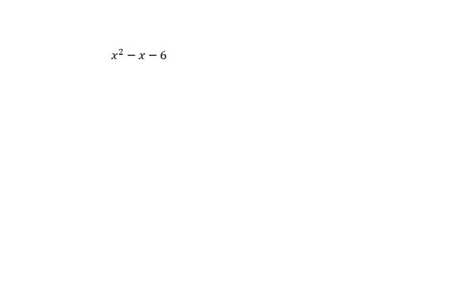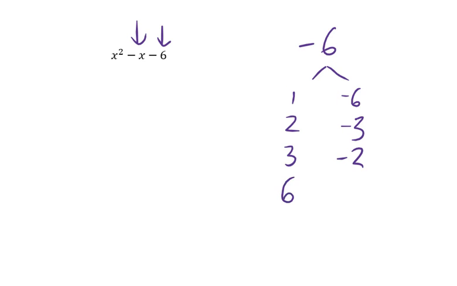In this problem, I'm looking for something that multiplies to -6 and adds to -1. There's a hidden -1 there. The negative isn't hidden, but the 1's hidden. So I think about things that multiply to -6, like 1 and -6, or 2 and -3, or 3 and -2, or 6 and -1.